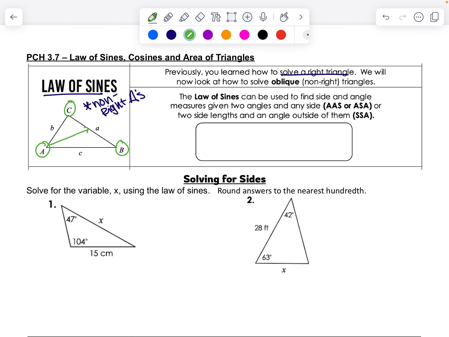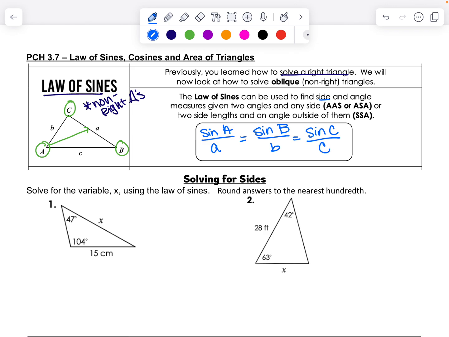So that brings us to our law of sines. Our law of sines can help us find a side or an angle, and we have to be given two measures and at least one of these sides. In order to do this, we're going to take the sine of angle A over side a, which is equal to the sine of B over side b, which is equal to the sine of C over side c.